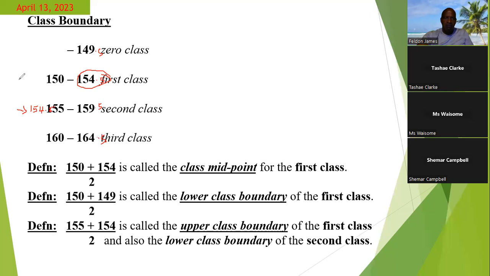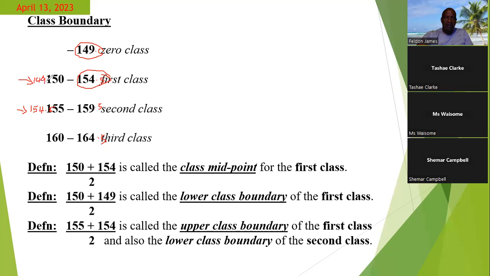The lower boundary value for this class would be what? 149.5. Right? So even though this is the upper boundary for the first class, it is also the lower boundary for the second class. Right.